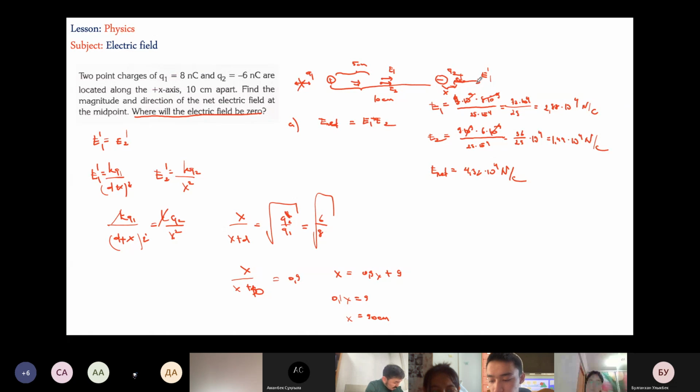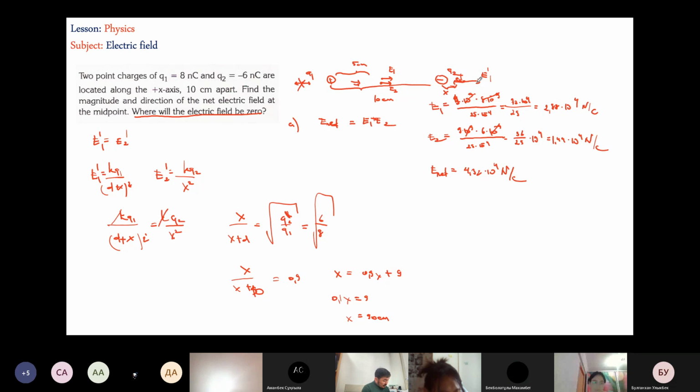Second, electric field lines never cross. Third, electric field is always tangent to the field lines. Fourth, field lines are more intense near the charge. Okay, thanks.